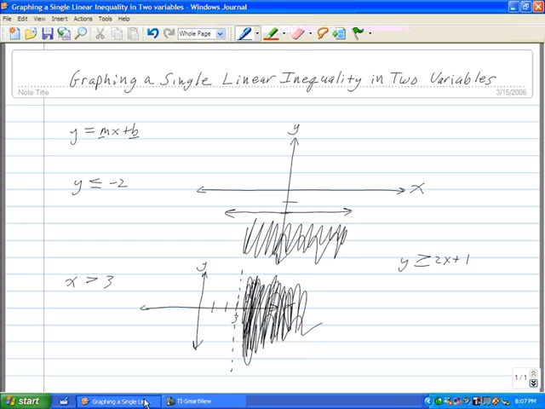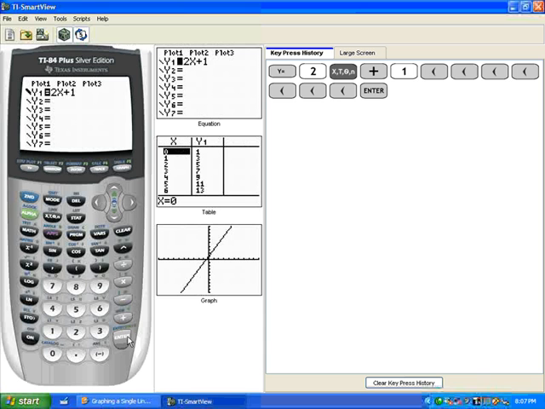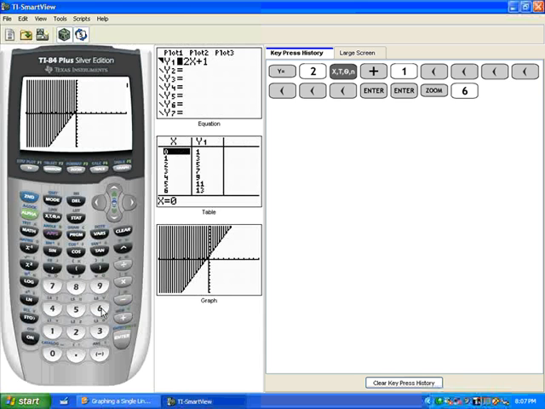Now we know it to be a greater than relationship, so I can go back over just to the left of where it says y equals and hit enter, and I can change it to shading, and it will shade above. And if you already knew where to shade, then that would be a good way of looking at what your solution should look like.